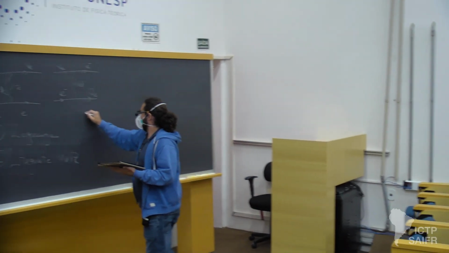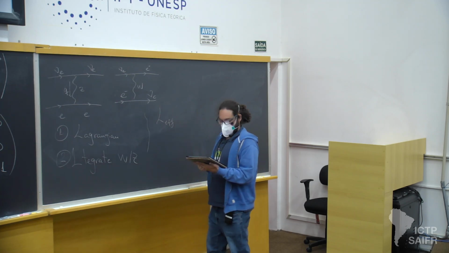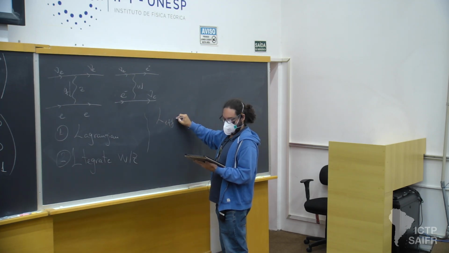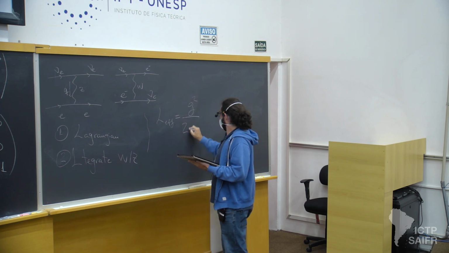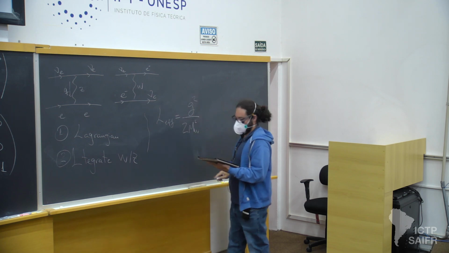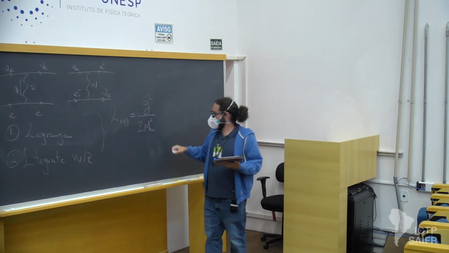This will give you something like an effective Lagrangian, which goes like this. I think this is correct, including the factors of 2. Can you still see this here from the corner? It's good? All right.